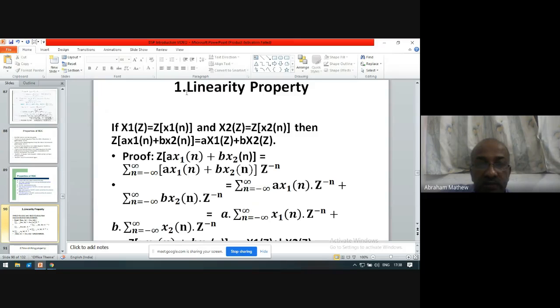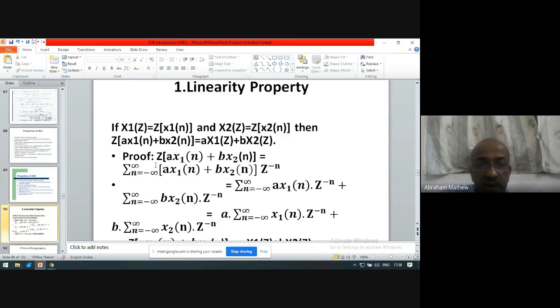That is, if x1 of Z is equal to Z transform of x1 of n, and x2 of Z is equal to Z transform of x2 of n, then Z transform of a x1 of n plus b x2 of n is nothing but a x1 of Z plus b x2 of Z. This is known as linearity property.